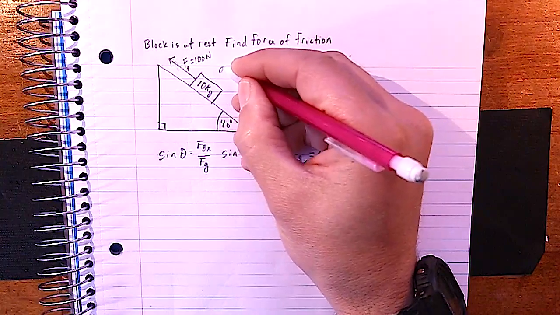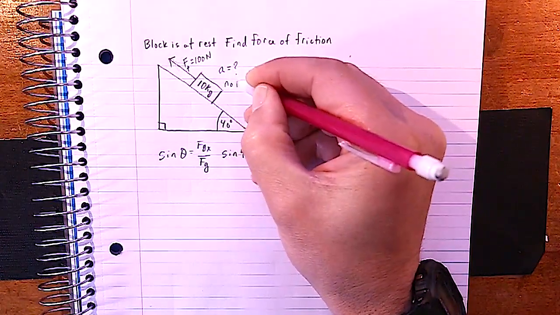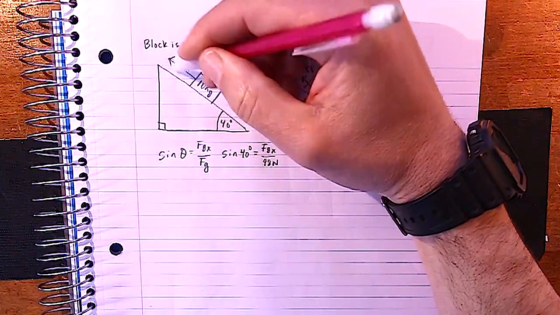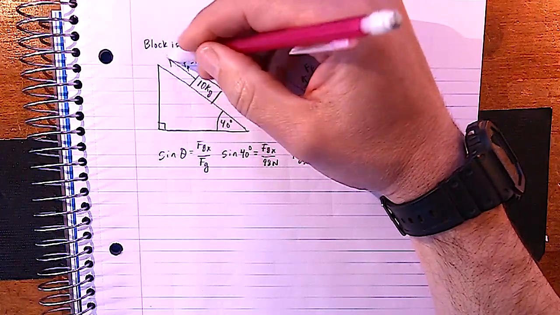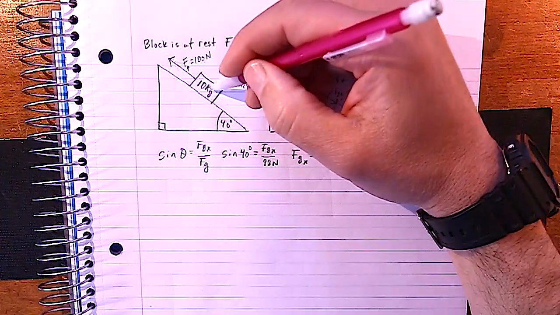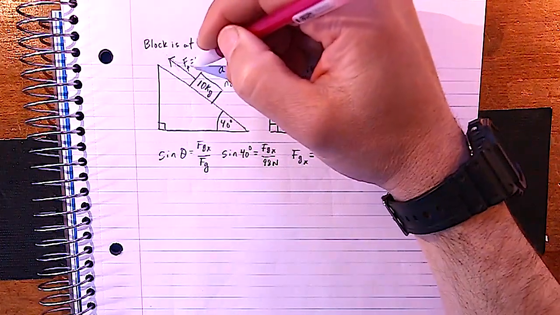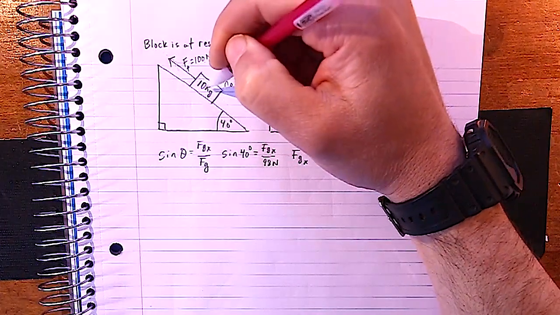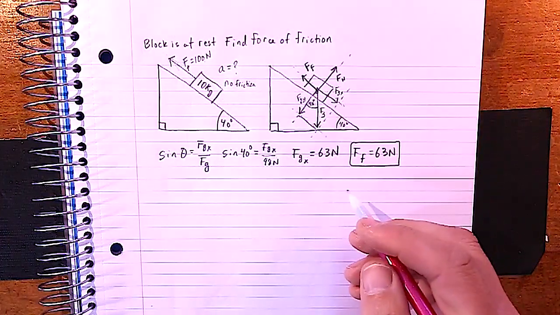So now we're solving for the acceleration. We're going to say that there's no friction. So what are the forces that are acting in the plane of acceleration? Well, we have Fp, the force of pull up the plane, and then we're going to have Fgx. And you're going to see in a minute that Fp is larger than Fgx, so that means we have a net force up the plane and it will accelerate up the plane.